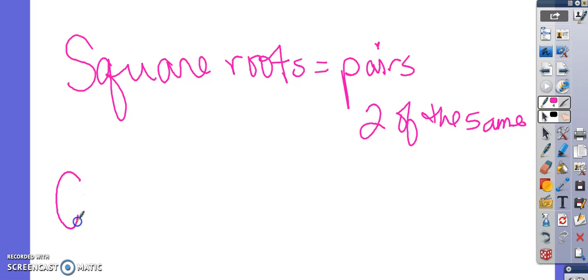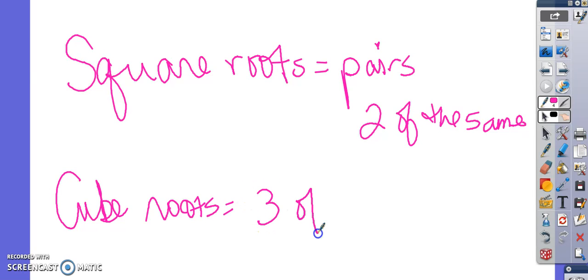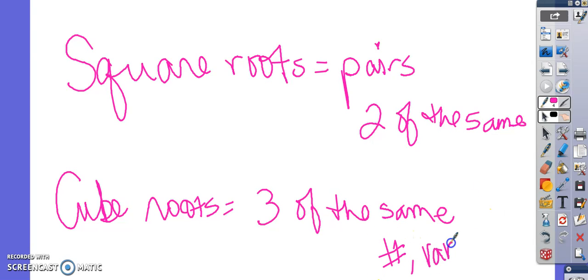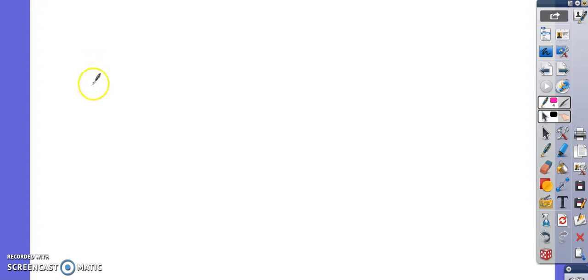When you are looking for cube roots, you are looking for 3 of the same. And that could be a number or it could be a variable. Either one of those is fine. Okay, so we're going to do one more example just to make sure.